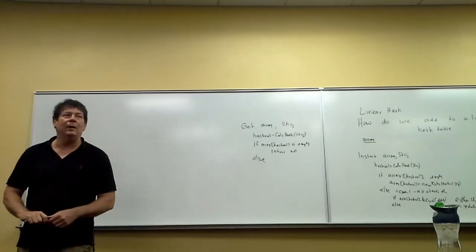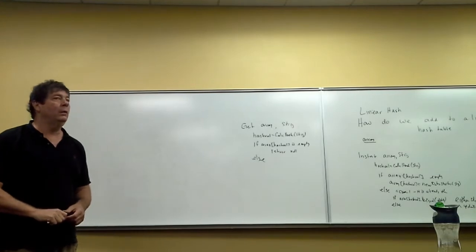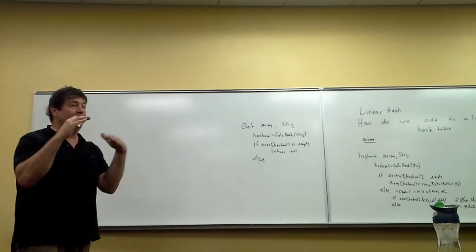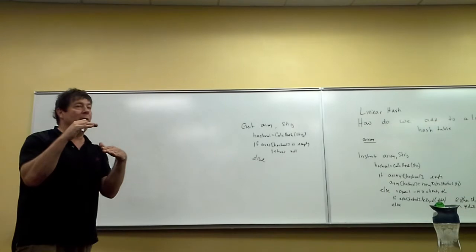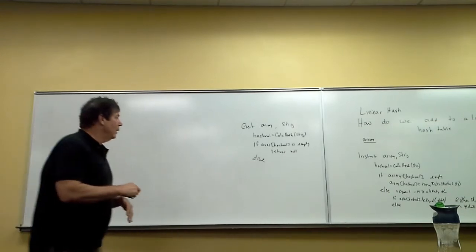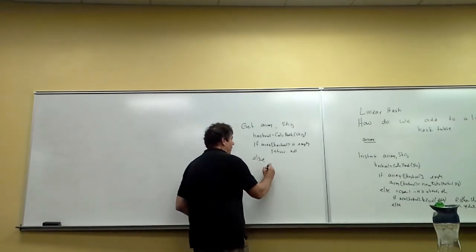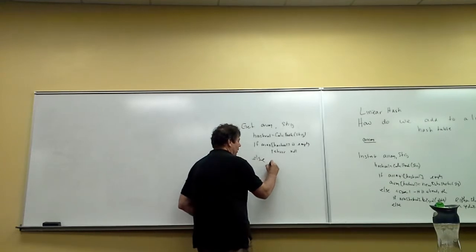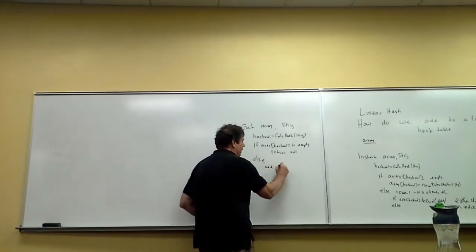If it matches, you want to know if it matches or something else. So we're not just looking for a slot that's full, right? We're looking for a slot that's full that matches, correct? So then we have to walk the list. This is very scientific.